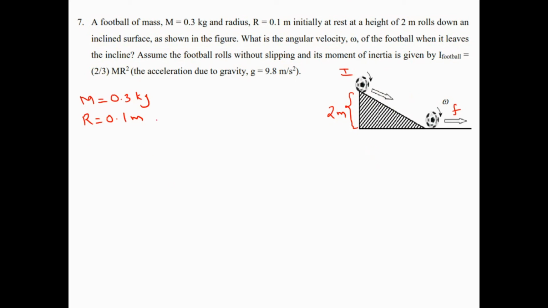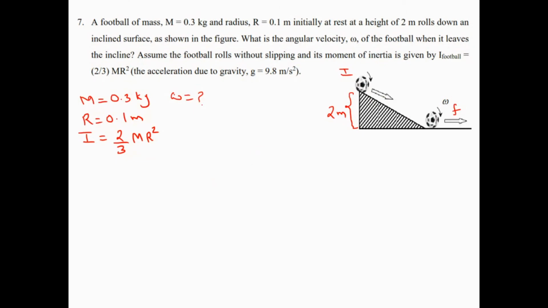That means we are going to find the angular speed. Assume the football rolls without slipping, and its moment of inertia is given as 2 over 3 m r squared.